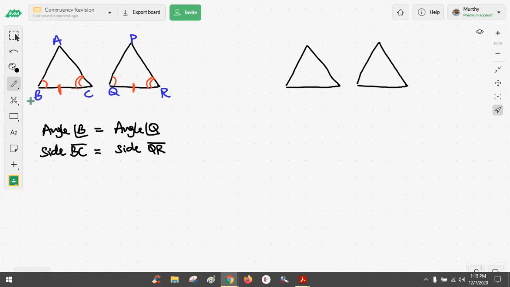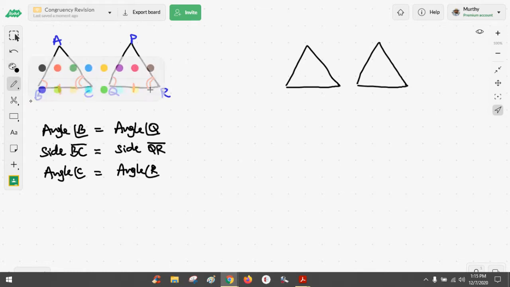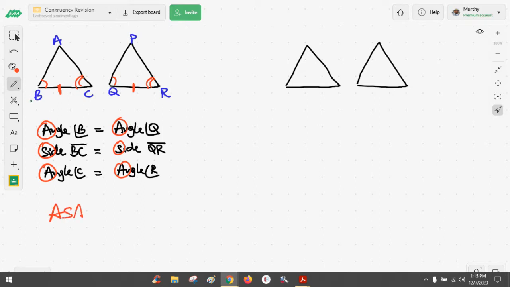And the third one is angle C. Angle C is equal to angle R. So I say that by ASA, that means angle equals angle, side equals side, and angle equals angle. So by ASA congruency, these two triangles are congruent.